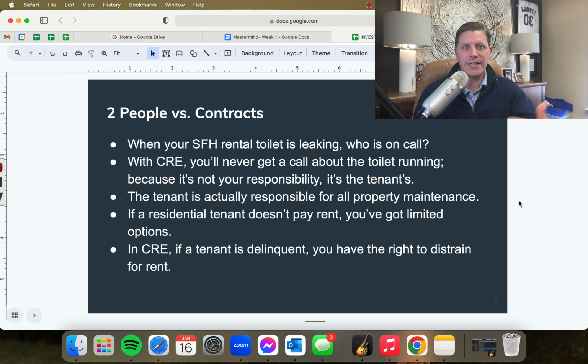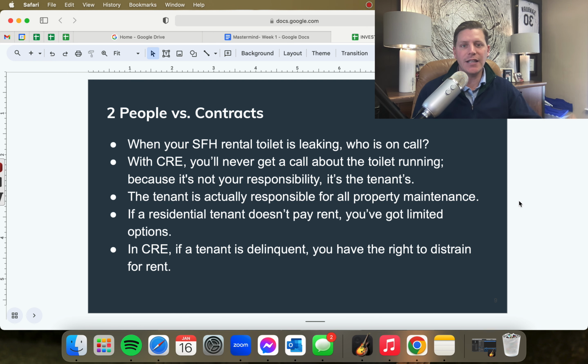The tenant is responsible for maintaining their space. When you have a single family home tenant or an apartment unit tenant and something goes wrong, they're immediately calling the super, the landlord, or the property manager, because they have a mentality of not being responsible. On the other hand, business owner tenants or entrepreneurs in your space just handle everything themselves.